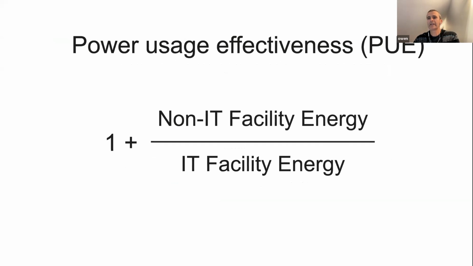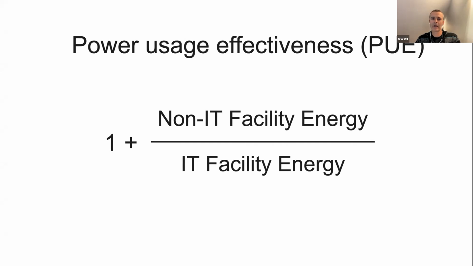Other factors to consider are things like how effectively the data center uses the electricity that it consumes. So within the industry, there's something known as power usage effectiveness, which is basically the ratio between the electricity consumed by equipment that is directly used to perform computational loads, versus equipment that is used in support of that, or just in the general operation and maintenance of the data center.